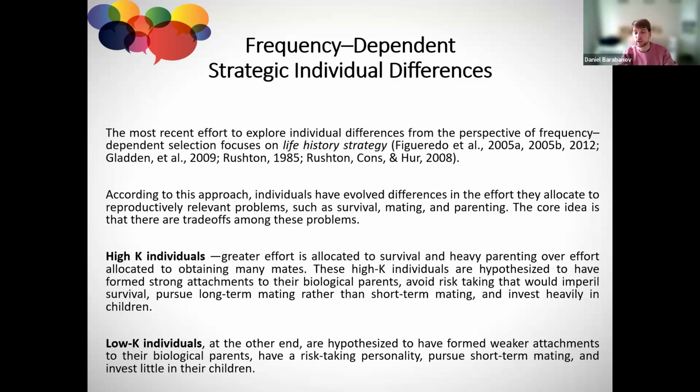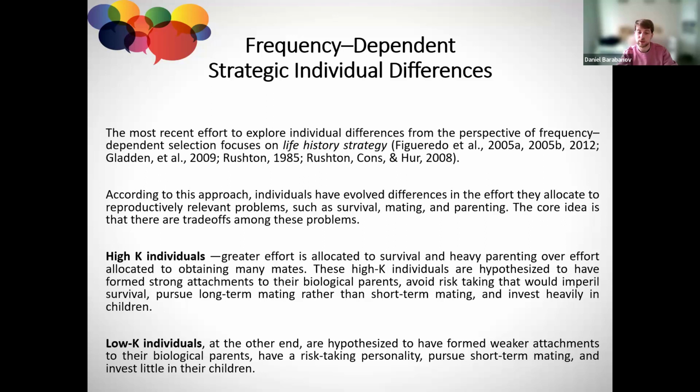Those high K individuals try to form long-lasting relationships based on strong attachment, and they don't like risks. They invest in those relationships in an attempt to survive and form a better bond and family, which will help to protect them. So they don't risk short-term mating, sexual pleasures, and so on.